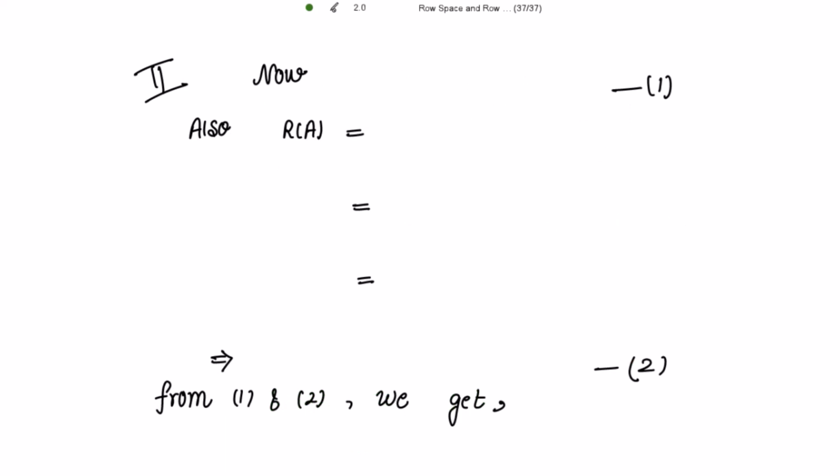Next, the second part. Just now we have proved in the first part that the row space of PA is a subset of the row space of A, where your P is an l by m matrix here, right? Please mark this as 1. Now we are required to prove that the row space of A is a subset of the row space of PA.